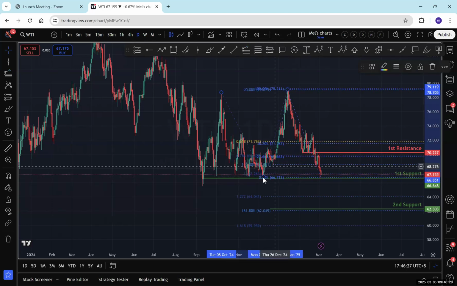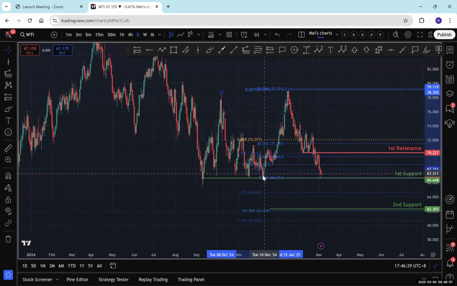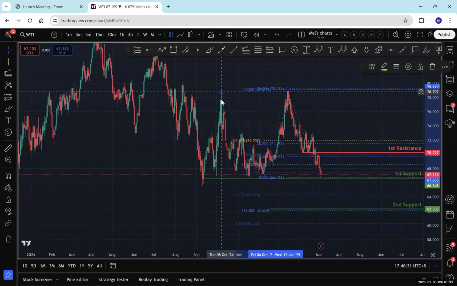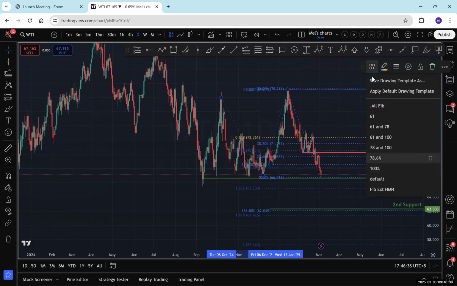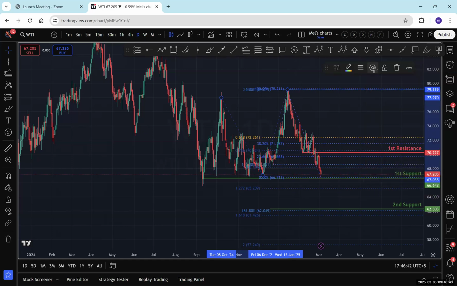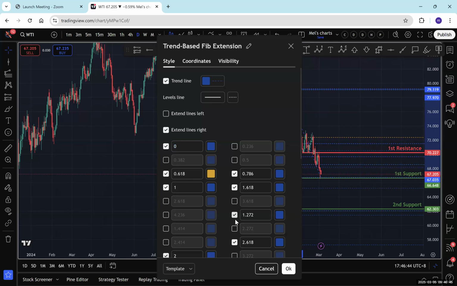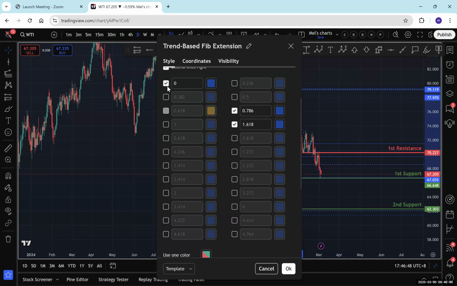Okay, you can kind of see that 161 also lines up with my second support. This is a projection. So again, we go through this more in depth in the Fibonacci series.